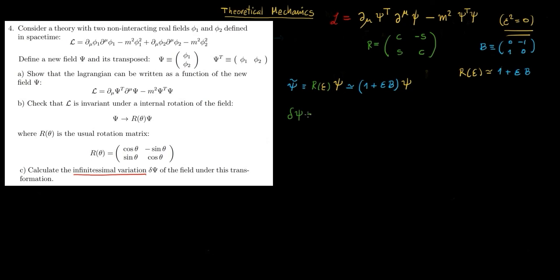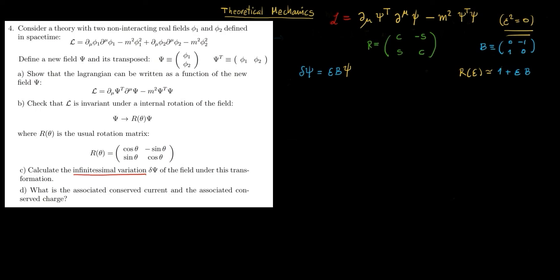So the infinitesimal variation of the field, defined as the transformed field minus the original field, will be this. This expression becomes epsilon times B times psi. Okay, now we're going to calculate the associated conserved current.